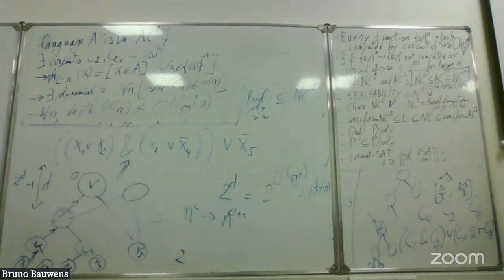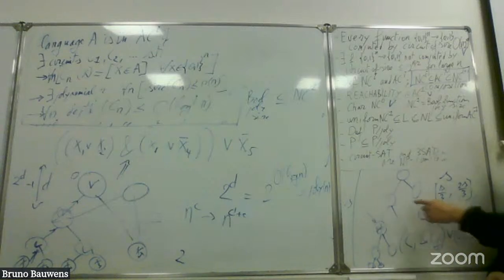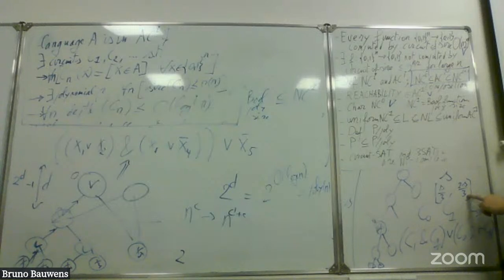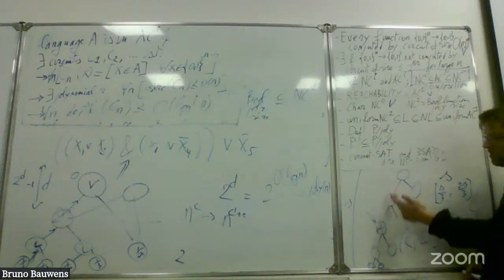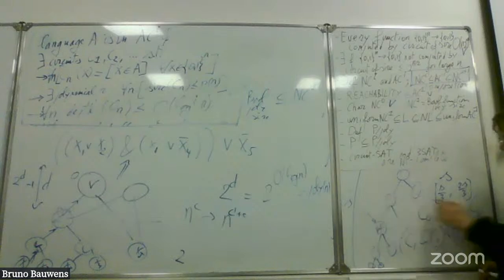And then I claim that we look at the highest node that still has size at least 2S over 3. One of its children must have size at most... let's look, no, it's right. We look at the lowest node with size at most 2S over 3.